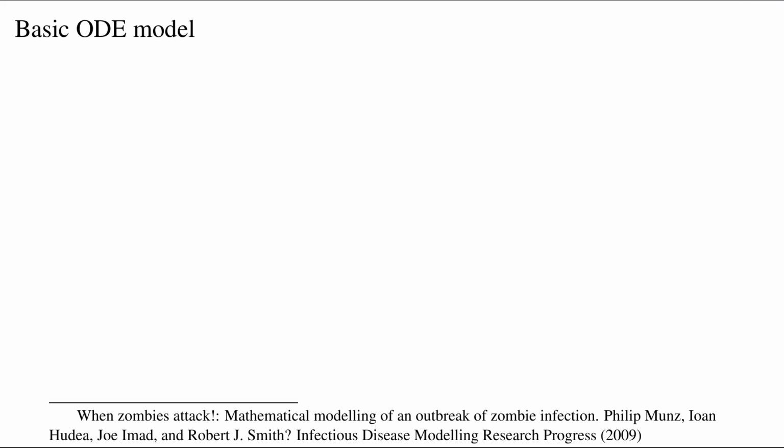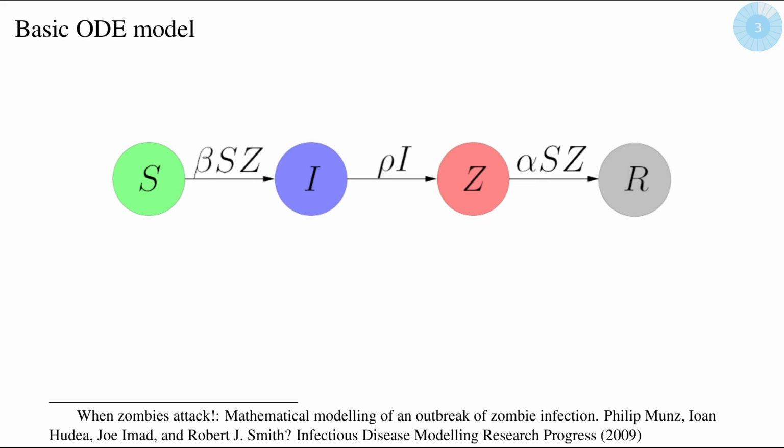So we started off with an ODE model, and here's the basis for these ordinary differential equations. There are four populations: the susceptible population, the infected population, the zombie population, and then the removed population.